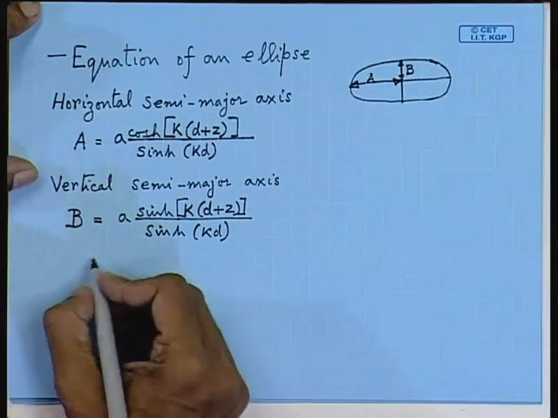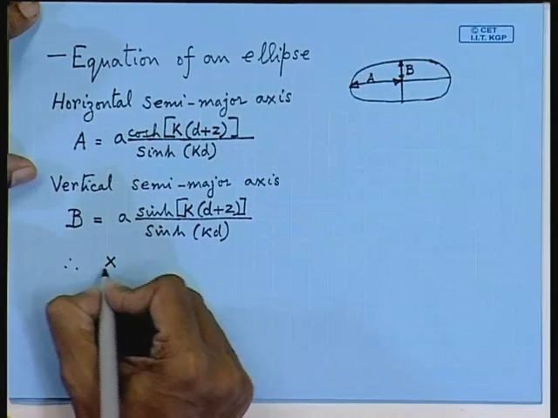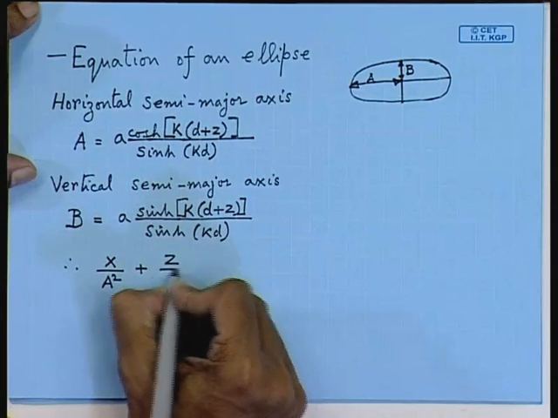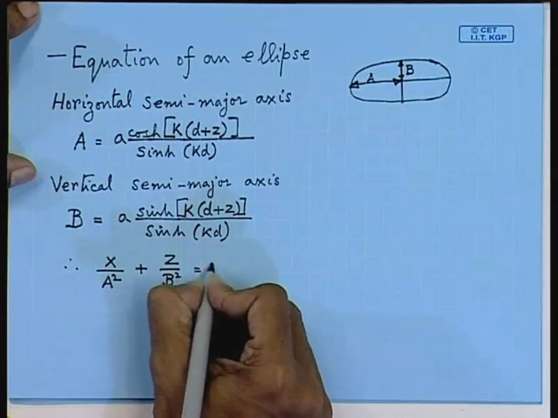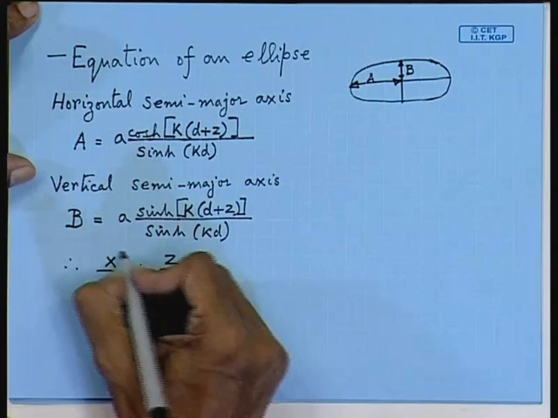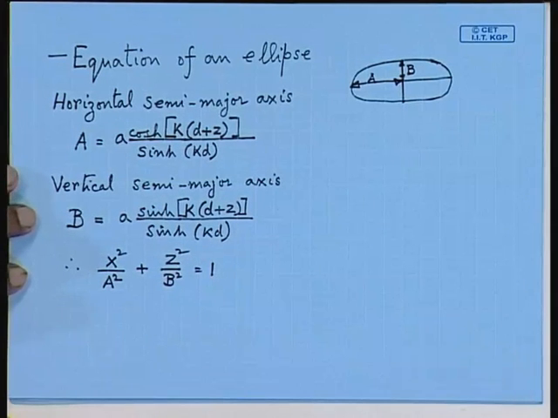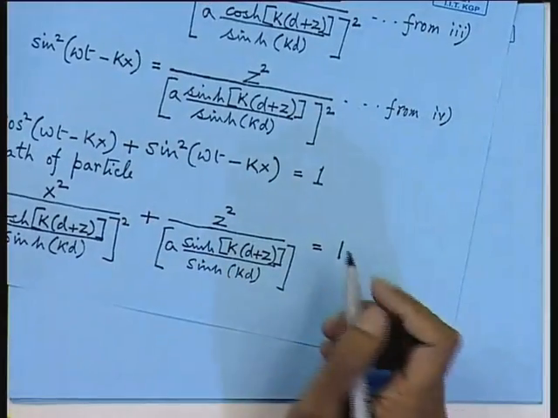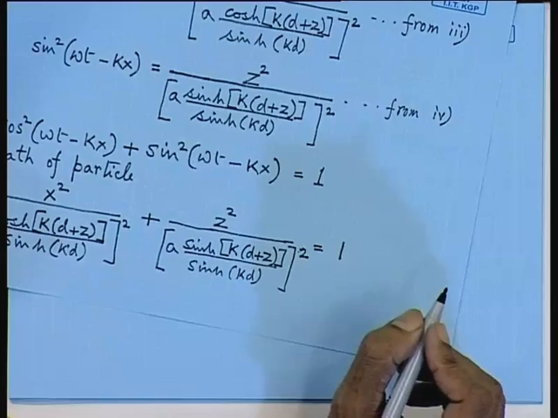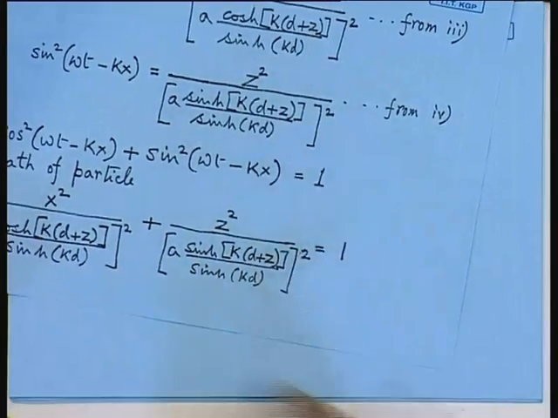So, if you shorten our equation, this becomes x over a square plus z over b square equal to 1. Sorry, this will be x square plus z square, no? Yeah, so here also there will be square terms. I forgot.